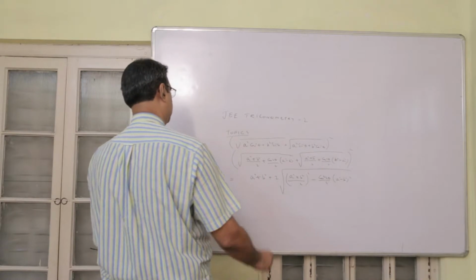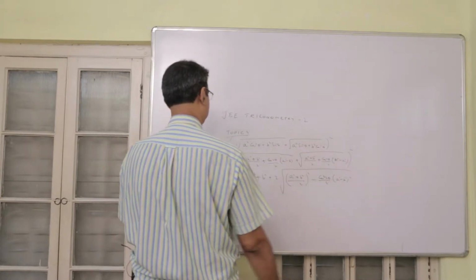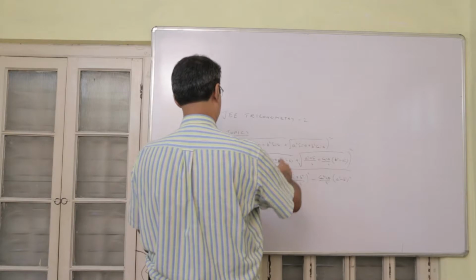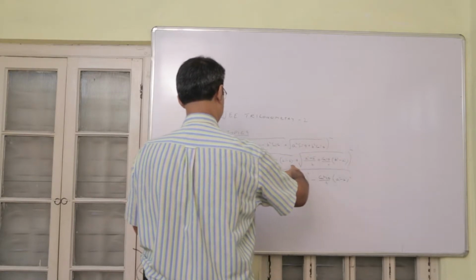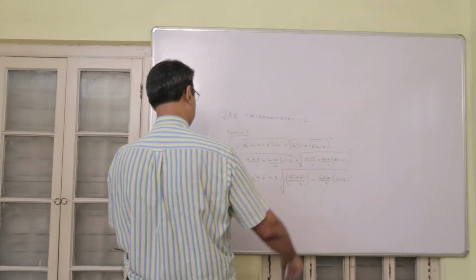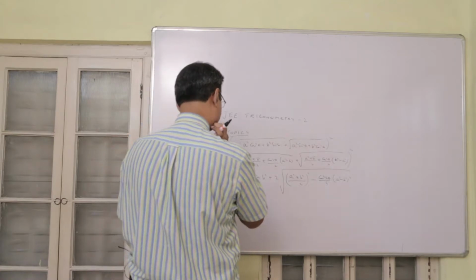So I am repeating again, there was one expression, we have to find the maximum and minimum value. So I am suggesting that we square this expression, which means we square this. So that will lead us to this.